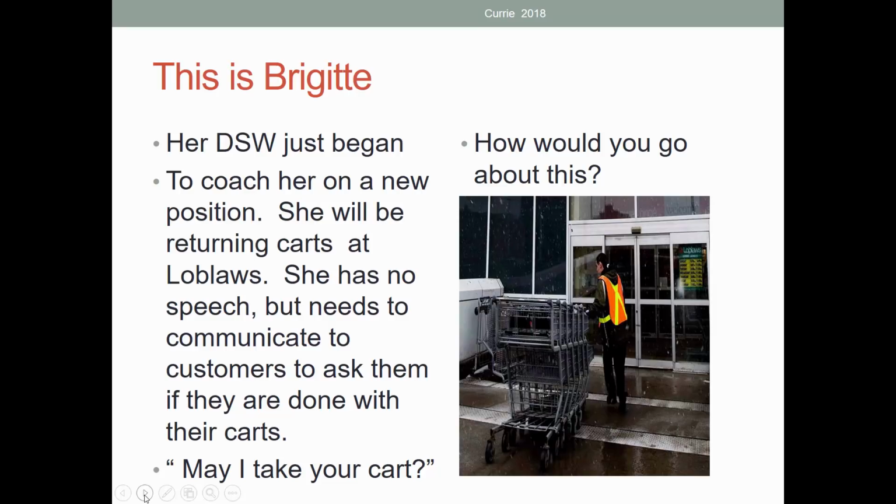So in order to get marks for this lecture, I want you to think about this, and I would like you to respond in discussion board. How would Bridget go about returning the carts? She has no speech. She needs to communicate. I'd like you to put a little post in discussion board about Bridget, and then I'll know that you've gone through this lecture.